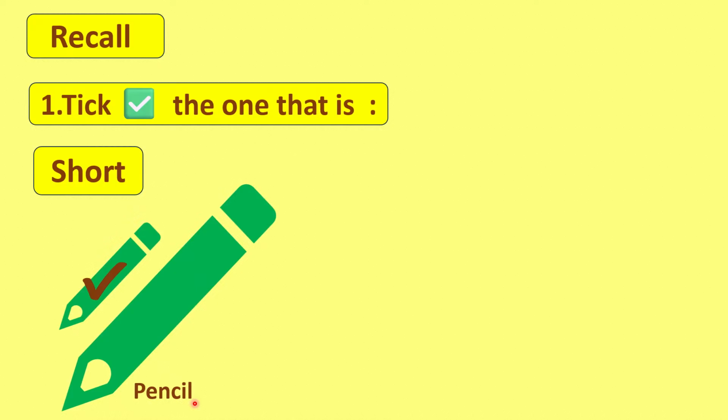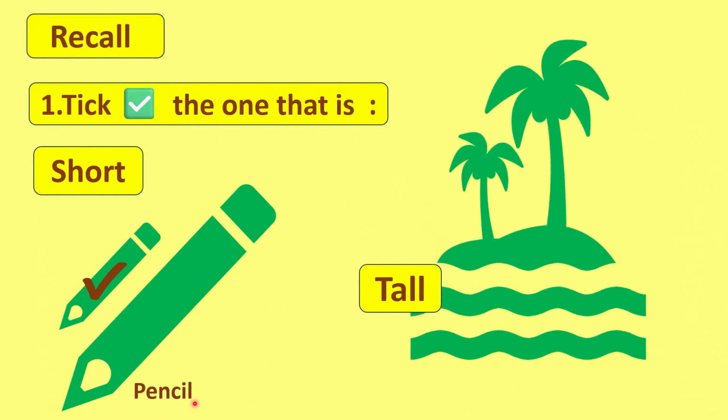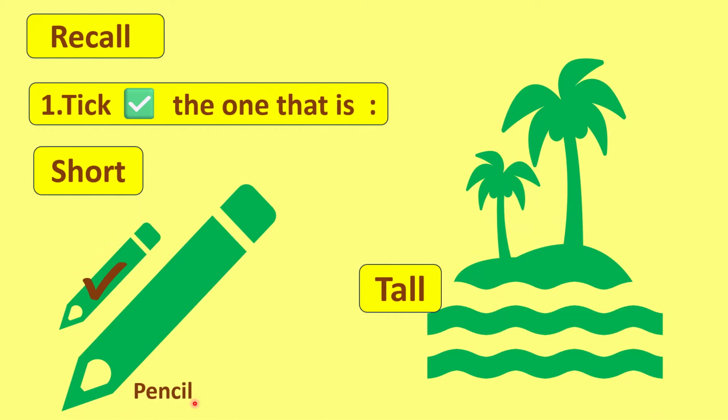Okay, just look at that. The another question is about tall. So we look at the figure of a tree. When we look at both the trees, we find that the first tree is over here and the second one, from here to upper, is longer.